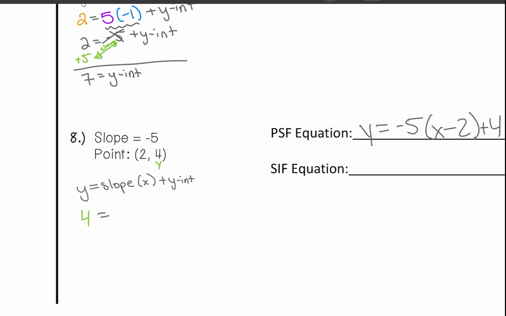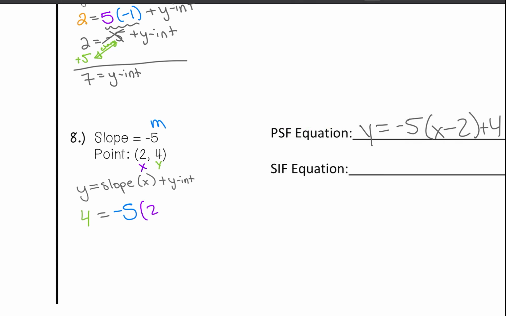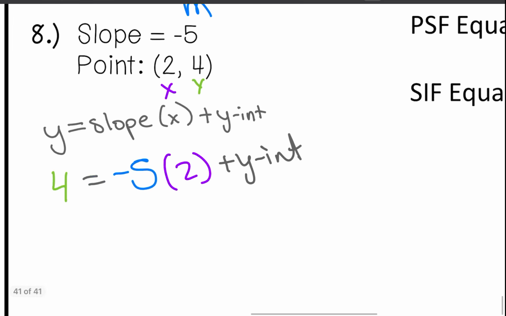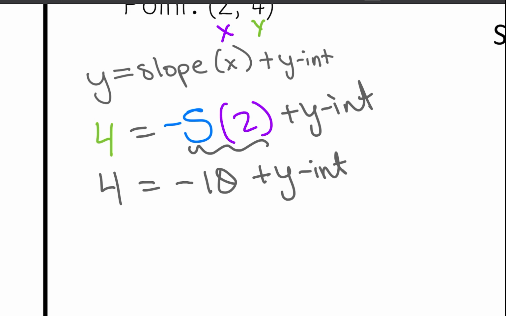Our slope here is a negative 5. Our x value is the number 2, and then we don't know the y-intercept, so we just write plus the y-intercept. Negative 5 times 2 is a negative 10, so now we got 4 equals negative 10 plus the y-intercept.